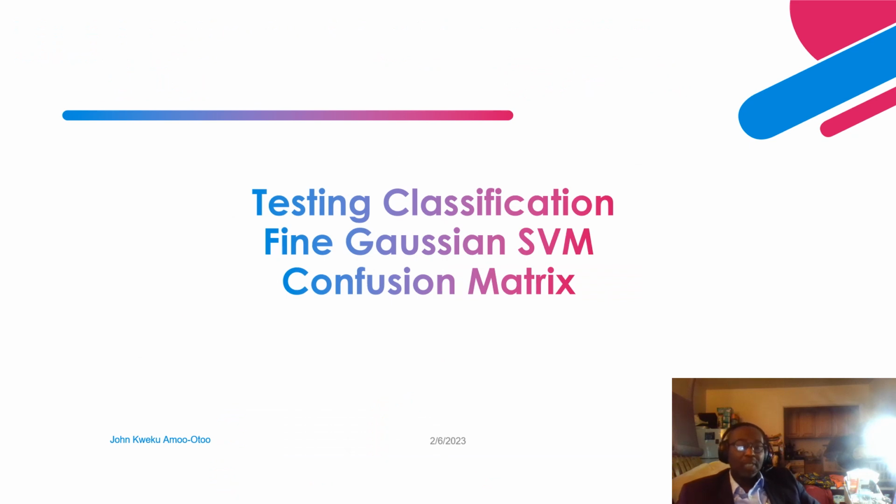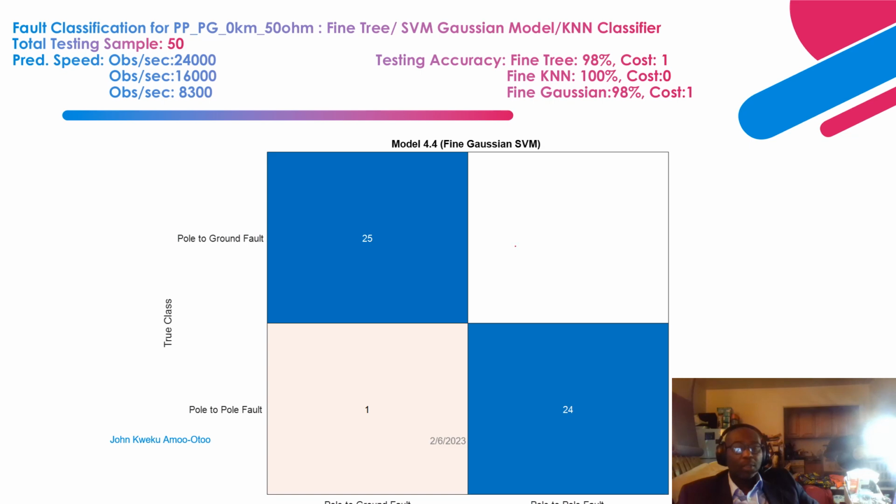And the last testing classification algorithm is fine Gaussian support vector machine. So let's take a look at the confusion matrix for that. Out of the 50 testing data, we have 25 pole to ground fault and 25 pole to pole data points.